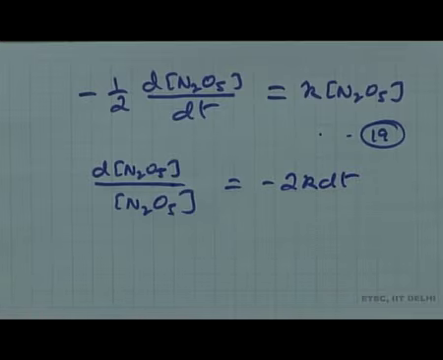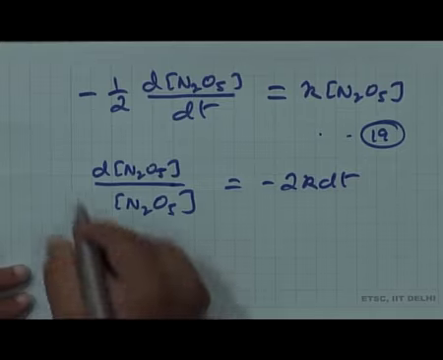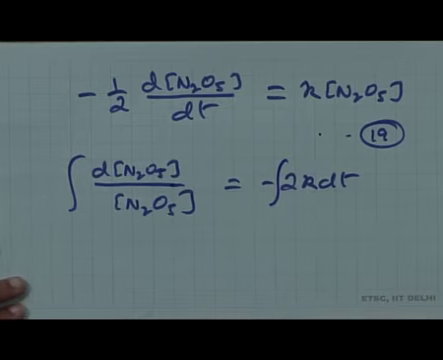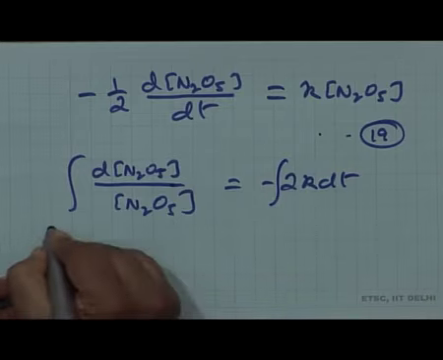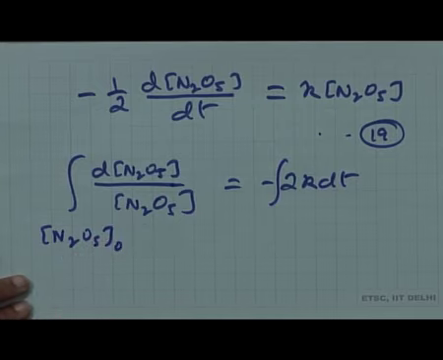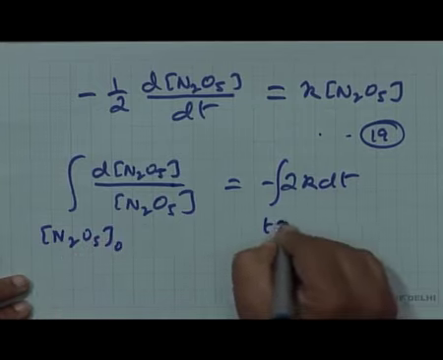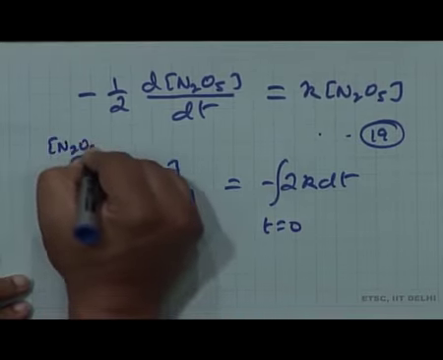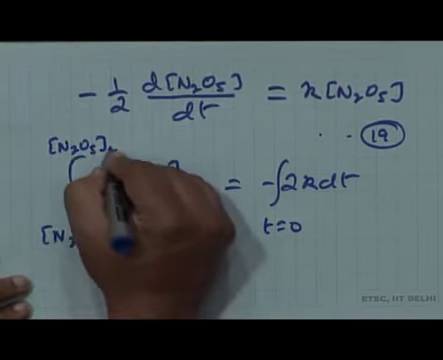Once I write it as minus 2 K d of t, I integrate. What do I integrate? I integrate again between the limits. What were the limits? The limits are N2O5 initial concentration at t is equal to 0, and N2O5 at time t.